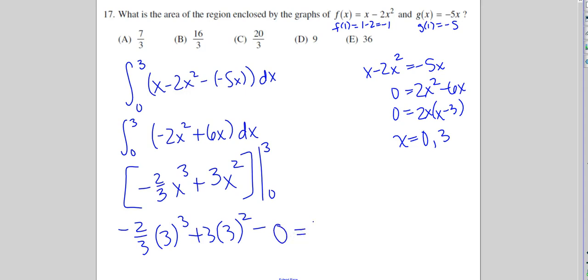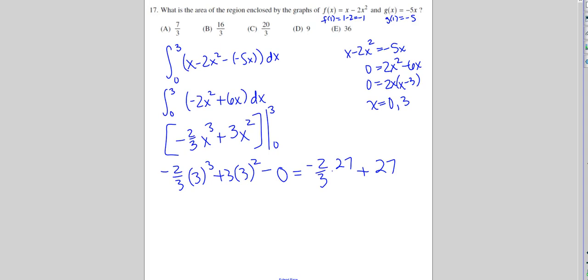So cleaning this up, negative 2/3 times 3 cubed is 27, plus 3 squared is 9, plus 3 is 27 as well. So 3 goes into 27 9 times. Negative 2 times 9 is negative 18, plus 27 is 9.